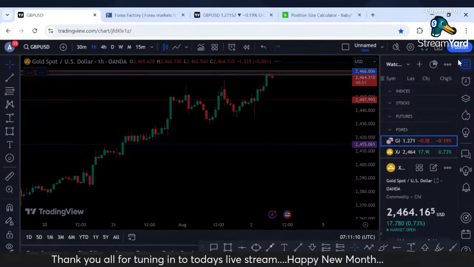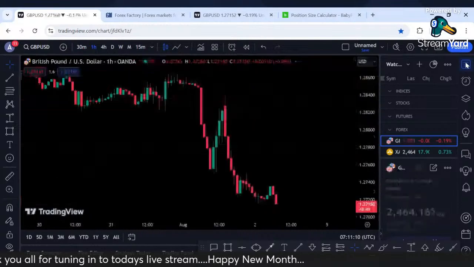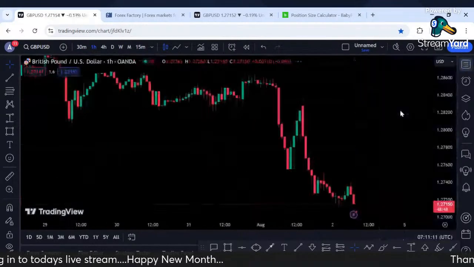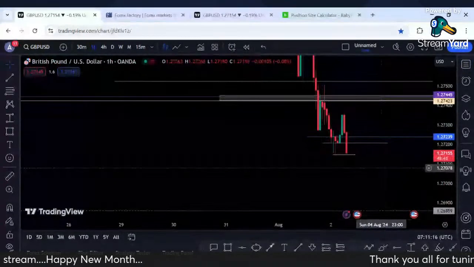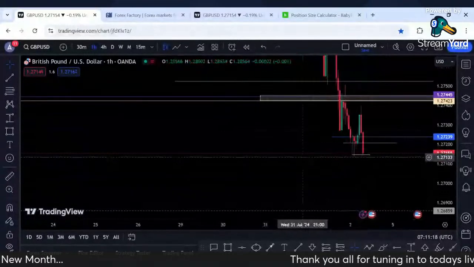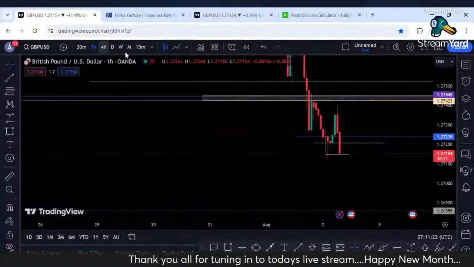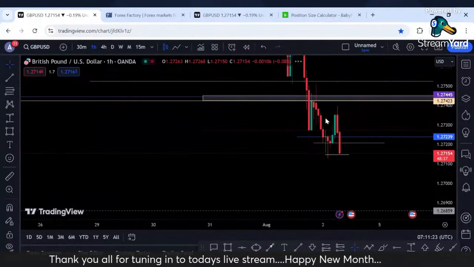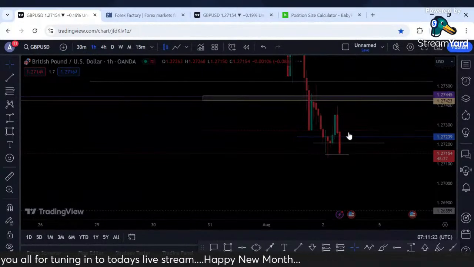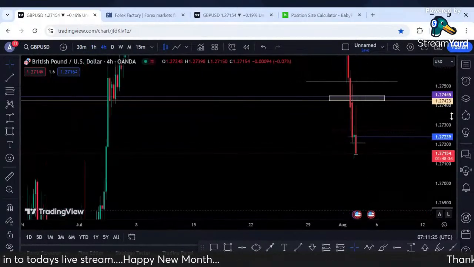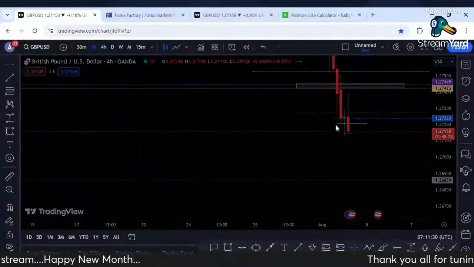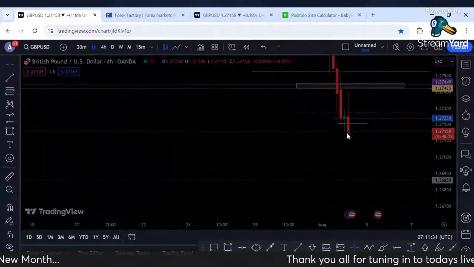Missing trades is going to happen every day. You are going to miss a lot of trades. It's normal. I don't like the market structure, the way the candles are formed. I don't like it.